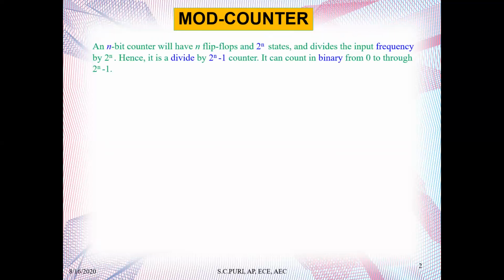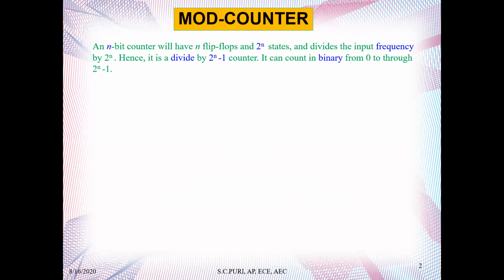So an n-bit counter will have n flip-flops and 2 to the power of n states, and divides the input frequency by 2 to the power of n. So we know that a single flip-flop divides clock frequency by 2. Hence it is a divide by 2 to the power of n, mod counter.